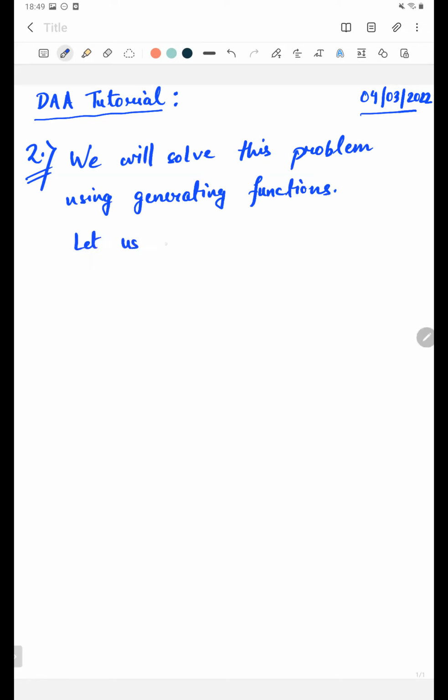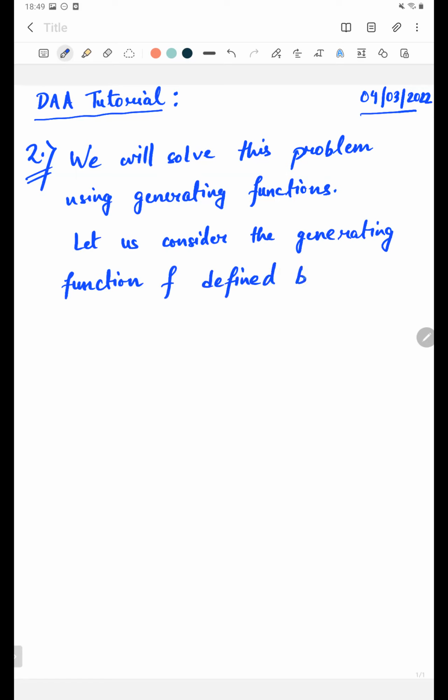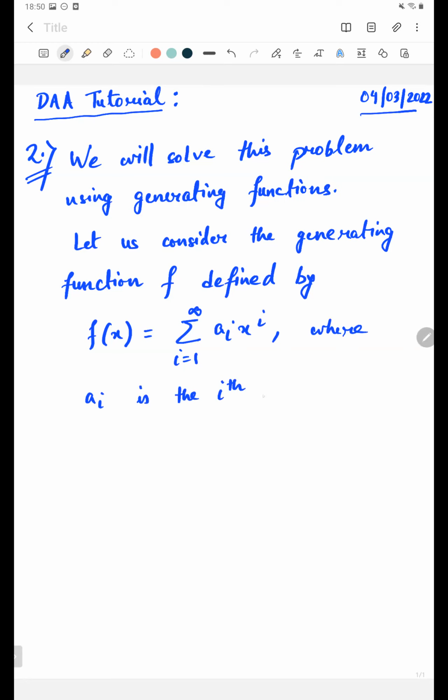So let us consider the generating function f defined by fx equal to sum over ai x to the power i from 1 to infinity, where ai is the ith Lucas number.